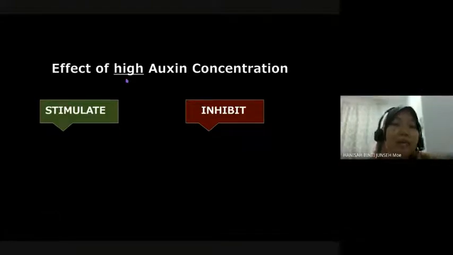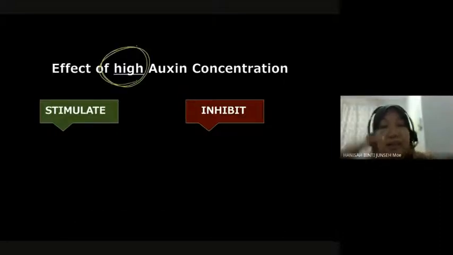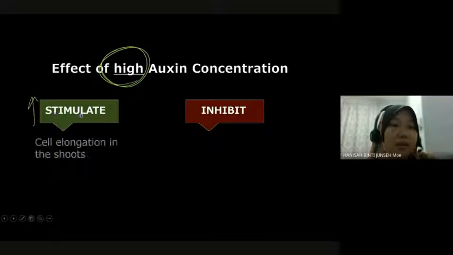But if there is a high concentration of auxin, it will cause two situations. High auxin concentration. Okay. Now we are talking about high, tinggi. High concentration of auxin will stimulate the cell elongation in shoots.